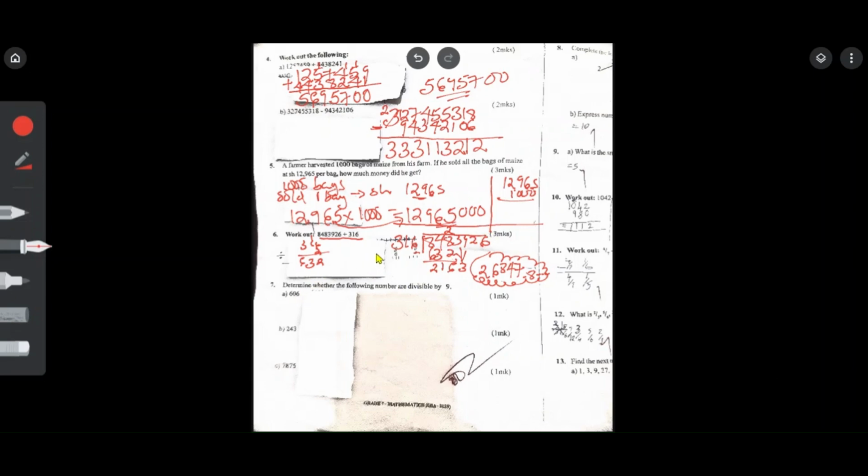Okay, the next one is this one, and this question, and what we have here. I want to check whether these numbers are divisible by 9. Yes. So I want to check whether this number is divisible by 9.